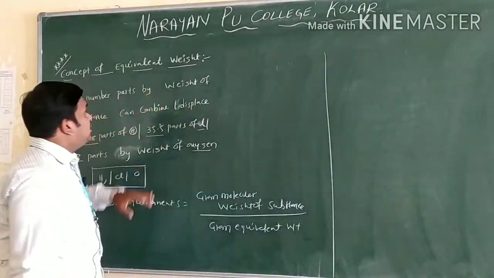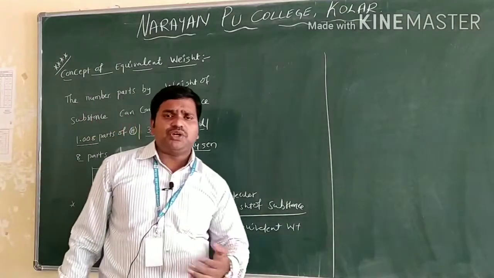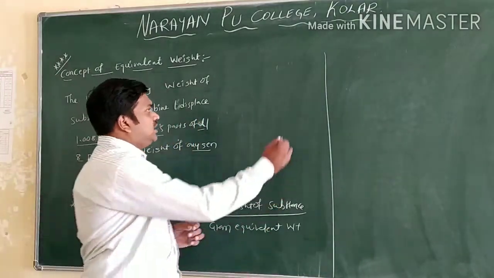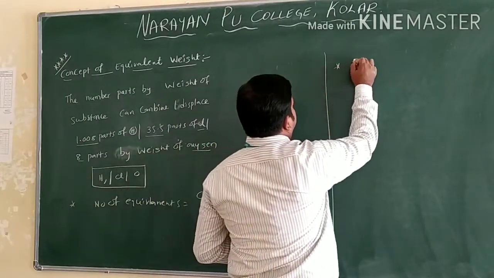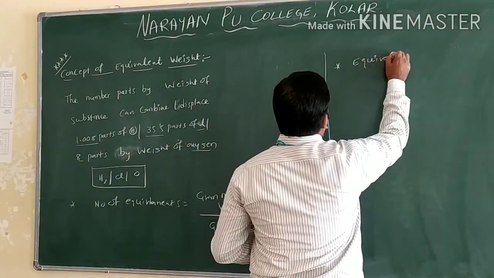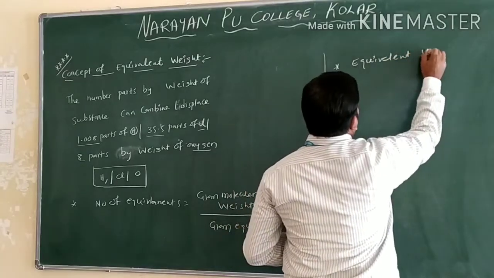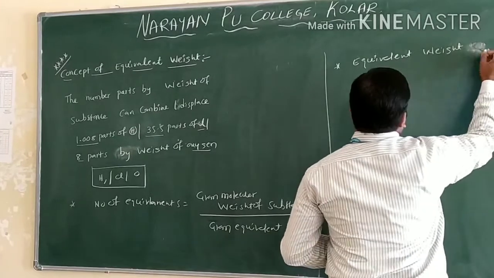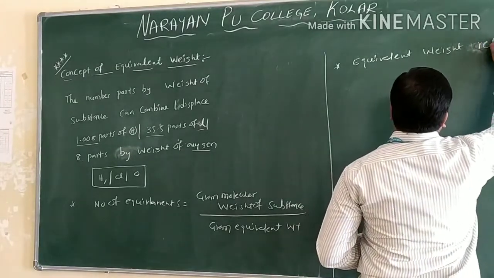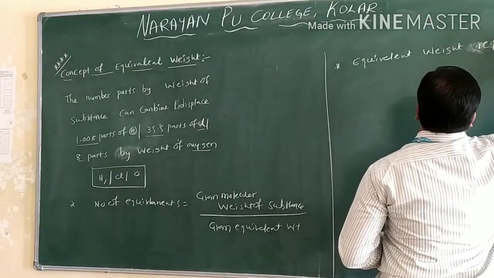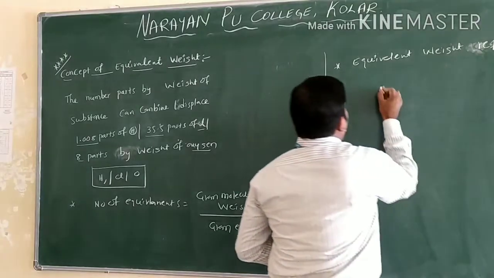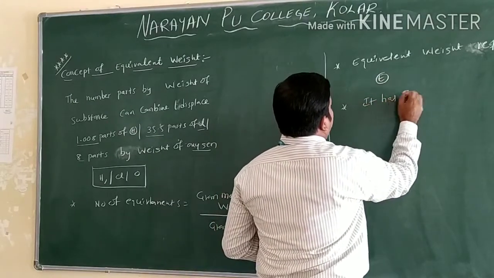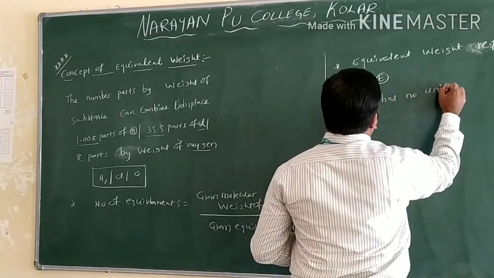So equivalent weight is generally denoted by capital E. It has no units.